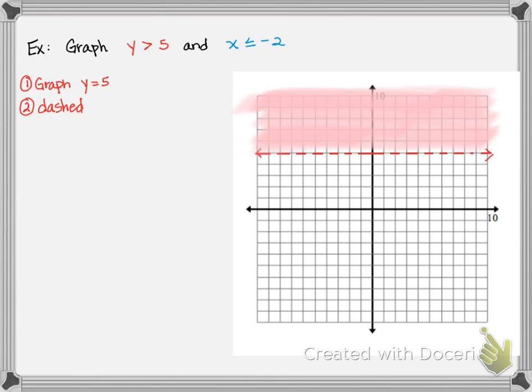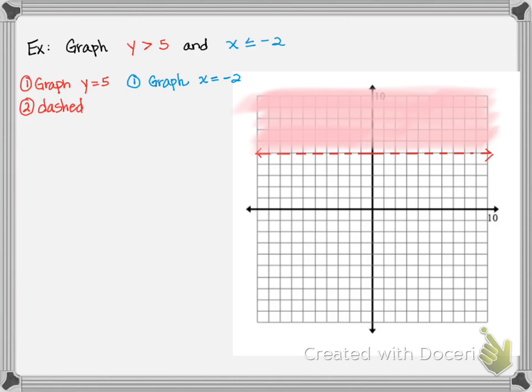And so then same thing for our other inequality. If I want to graph x is less than or equal to -2, we'll start with graphing x is equal to -2. What does that look like? It's the vertical line. Yep.